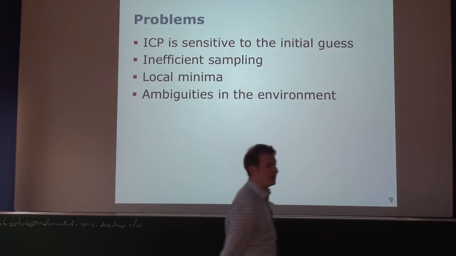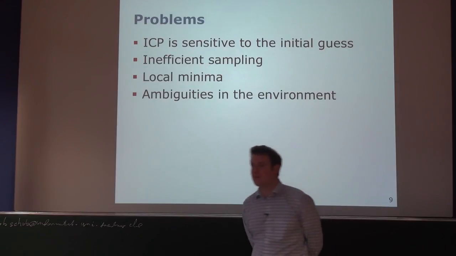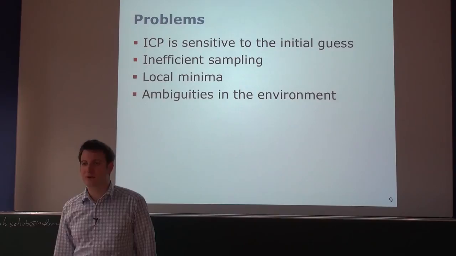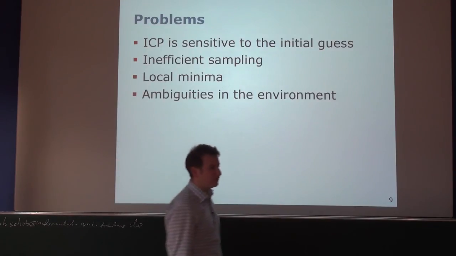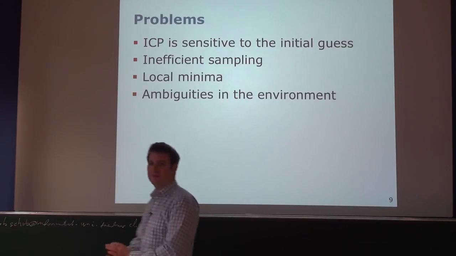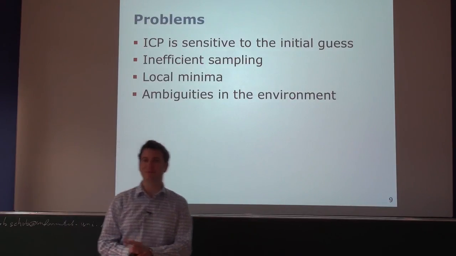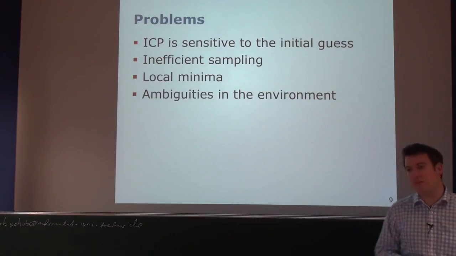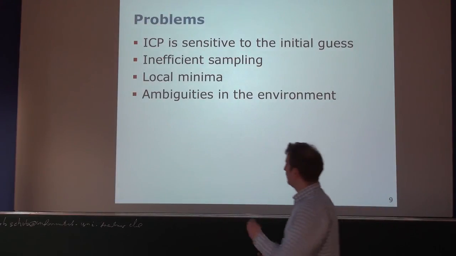We have local minima. We may have an inefficient sampling strategy. So how do I generate possible initial guesses for my ICP iterations? Just accepting something based on a threshold is always something which someone might dislike. And also, as you said correctly, ambiguities in the environment are a critical point for that.